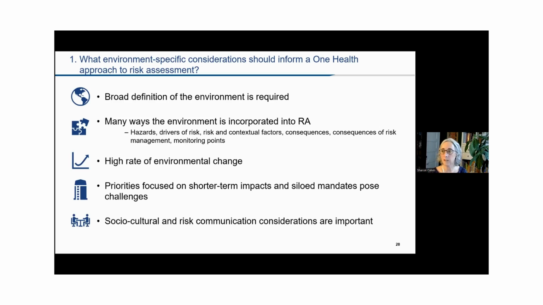So there can be environmental hazards, for example, environmental drivers of risk, or environmental risk factors. There's also environmental consequences, but not just consequences of the hazards, but also consequences of the risk management measures, as well as different environmental monitoring points.